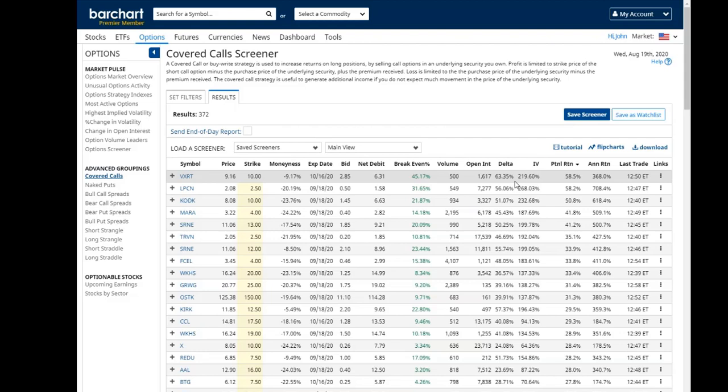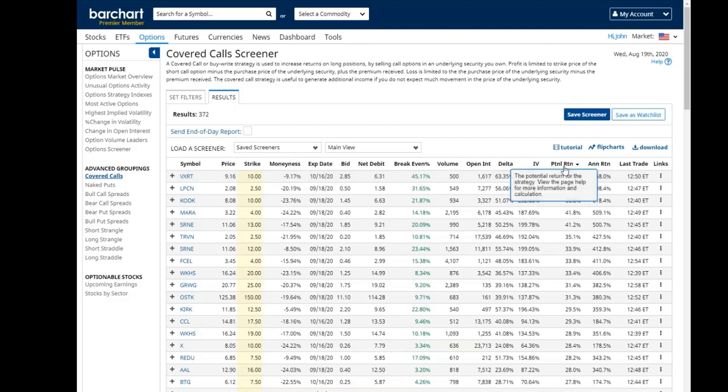So if I'm looking for a delta between 25 and 45, and I want to find the right vol, then I'm looking somewhere between 50 and 100. And that's kind of just a guideline. Your strategy could be different. And this is just an opinion that I have, that I've noticed.